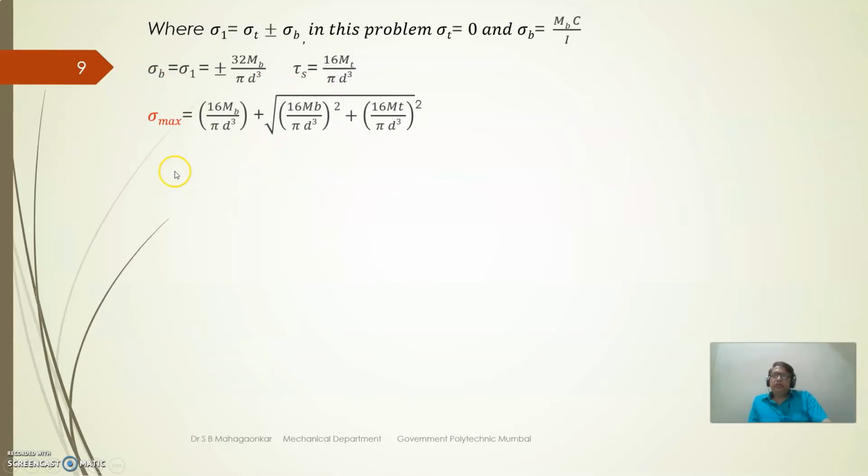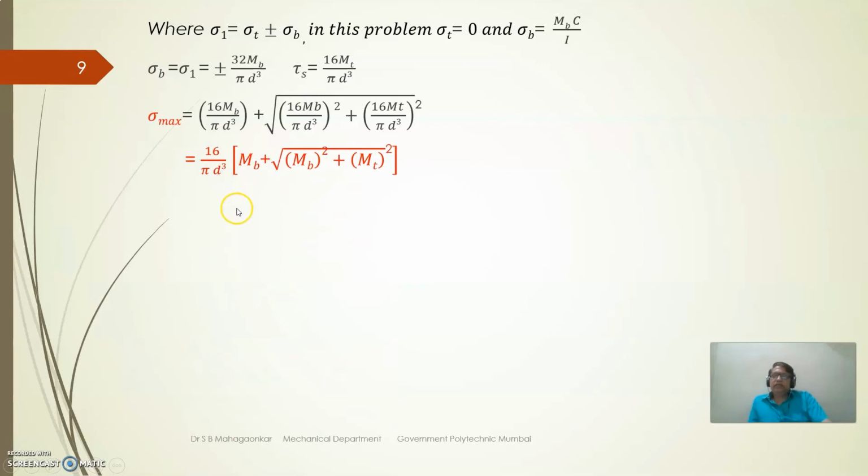We have to put it in that sigma maximum, which is equal to sigma b upon 2. Sigma b upon 2 is nothing but 32 upon 2, which is 16. So here it is (sigma b upon 2) square, that is (16 Mb upon pi d cube) square, plus tau s, that is (16 Mt upon pi d cube) square.